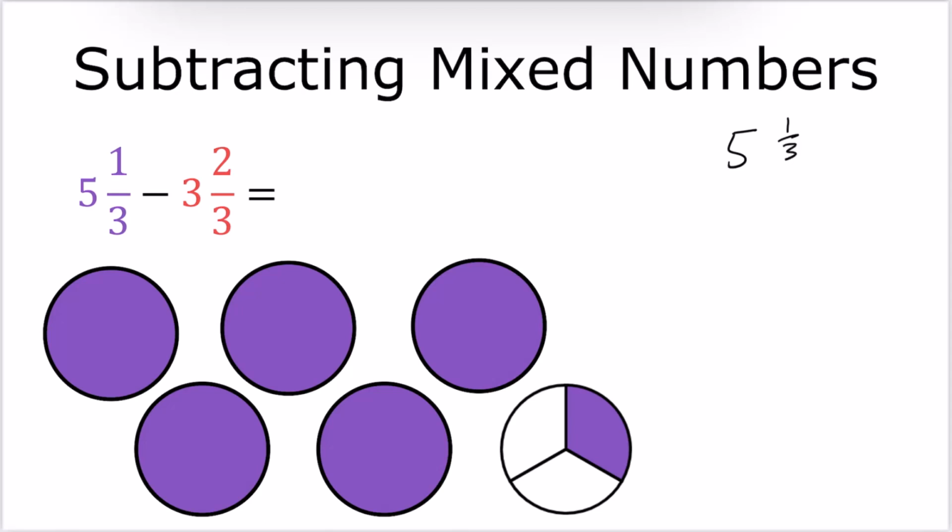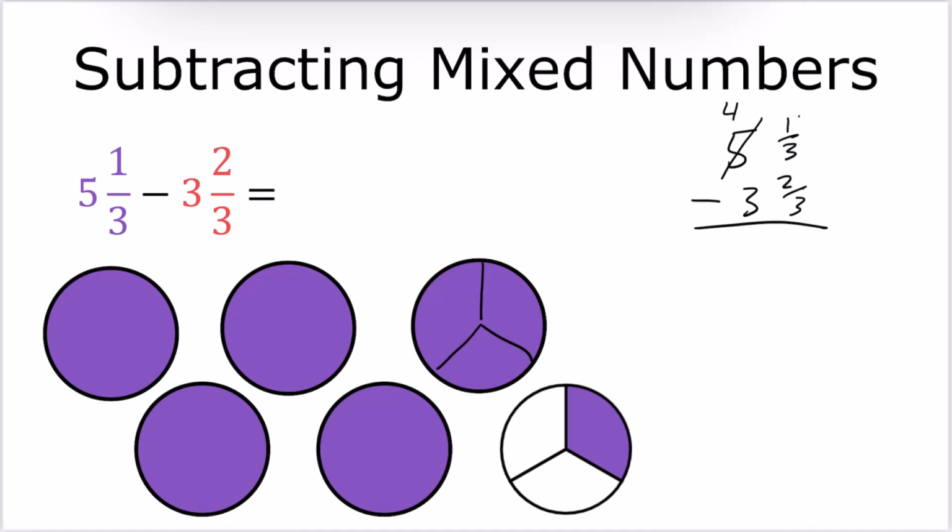If I have 5 1/3, and I want to subtract 3 2/3, I can't do 1/3 minus 2/3, so I could borrow from my wholes, which leaves me with 4 wholes, and when I convert one of my wholes into thirds, that gives me a total of 4 thirds.